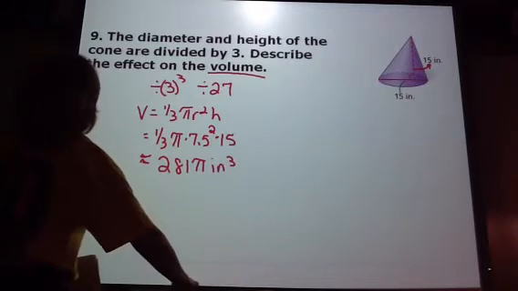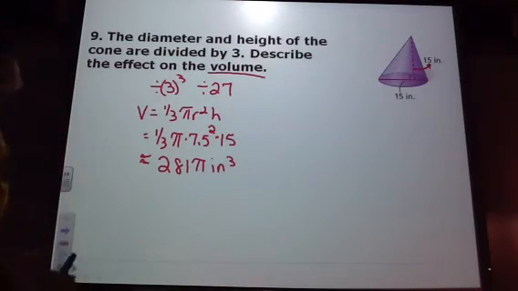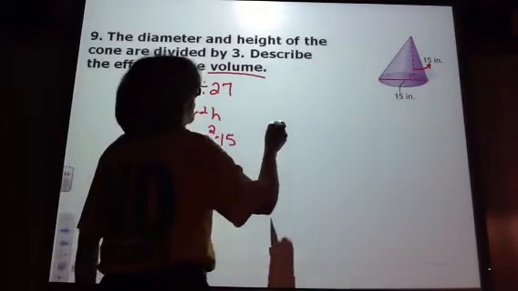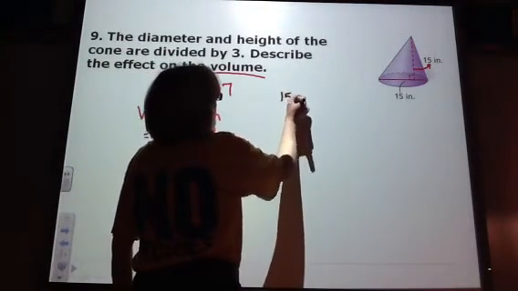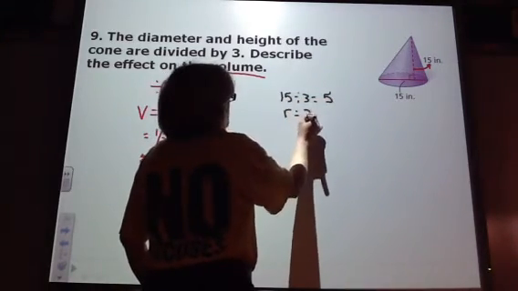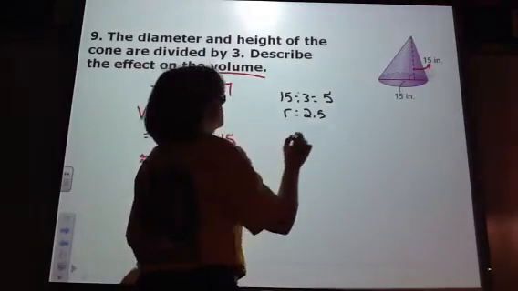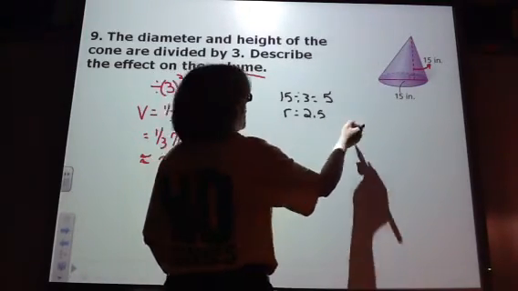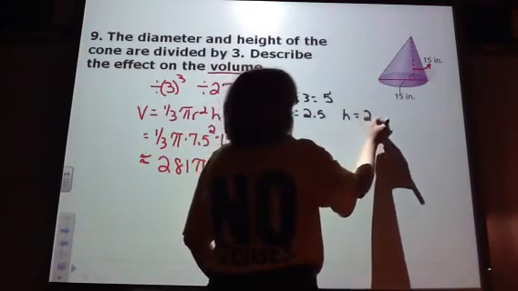Then we're going to divide the diameter and the height by 3. So 15 divided by 3 gives me 5. So now my radius is 2.5. Same with the height, and my height is now 5.